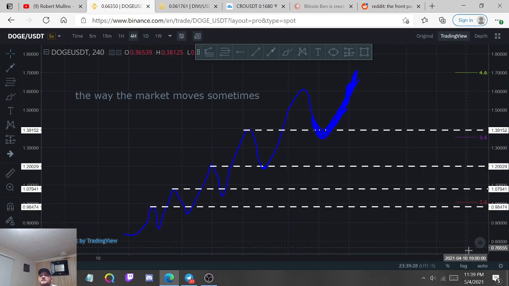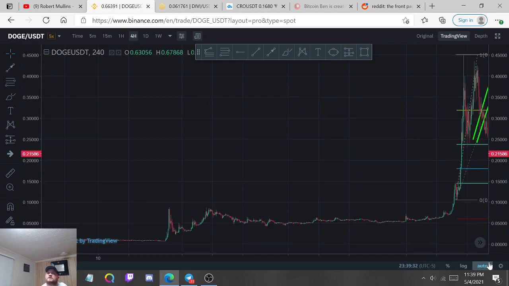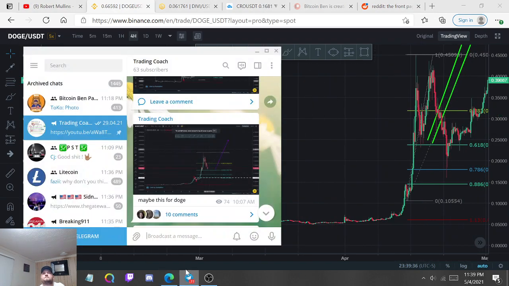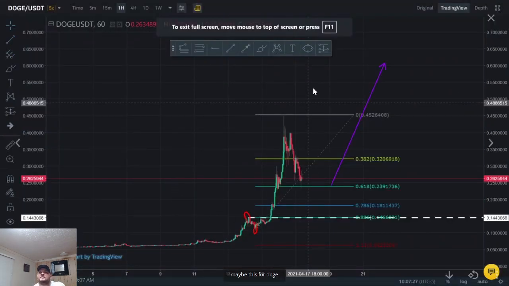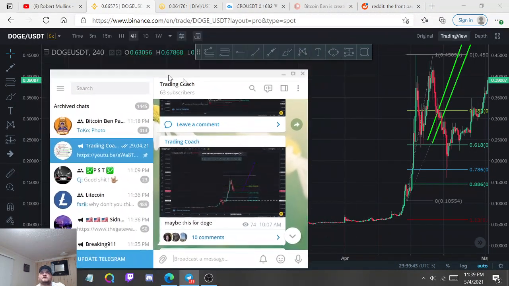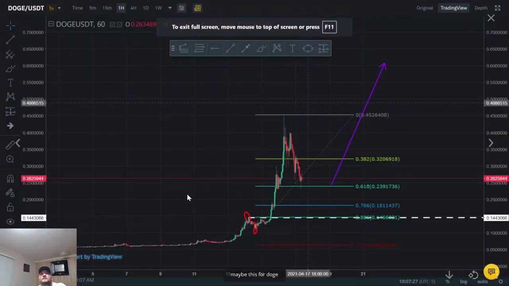But let's look at the update on Dogecoin. So right here is my Telegram deal, where I called 24 cents. We would look for the next impulse leg after that.